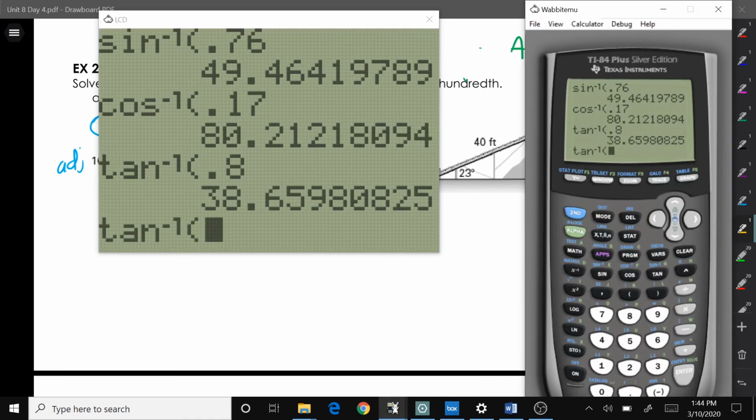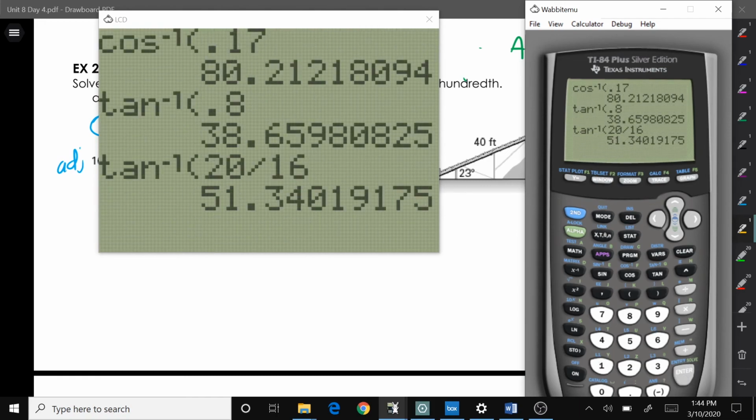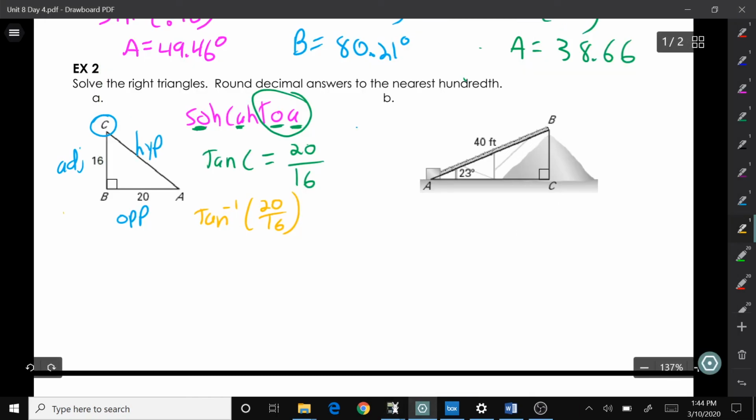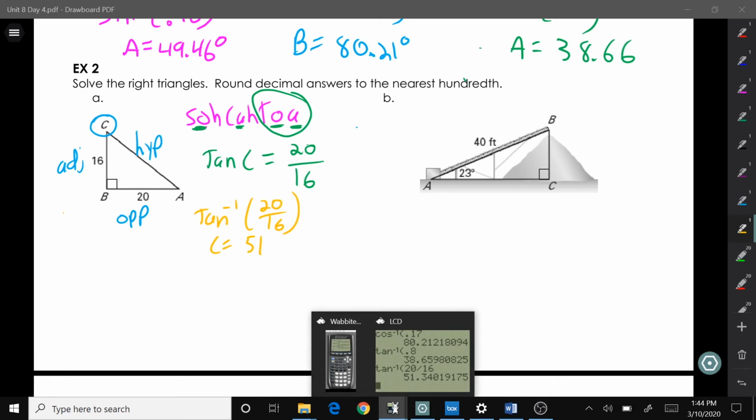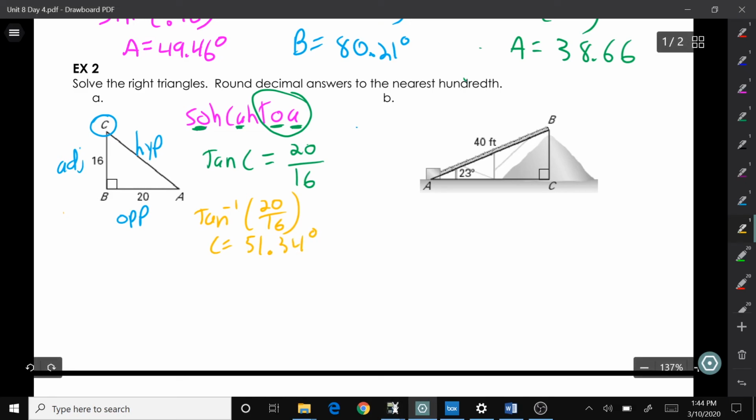Inverse tangent of 20 over 16, I get 51.34. So C is equal to 51.34 degrees.